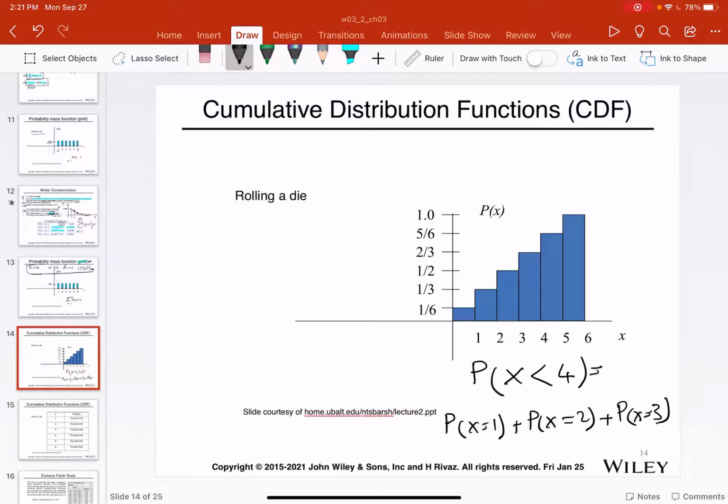In the CDF, it is cumulative, meaning that we add everything from minus infinity to whatever point we want. Because when we roll a die we can't get minus infinity, and the minimum number is 1, my summation starts from 1.